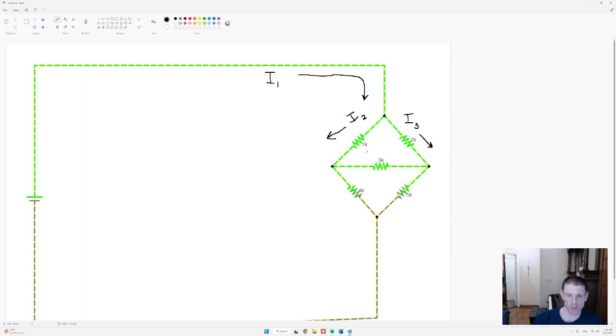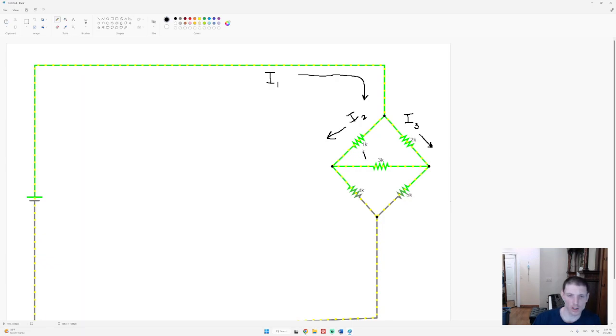You can always see when you guess incorrectly after you solve for the numerical values: if we find the current is negative, then we know we guessed the direction wrong. So it doesn't really matter.